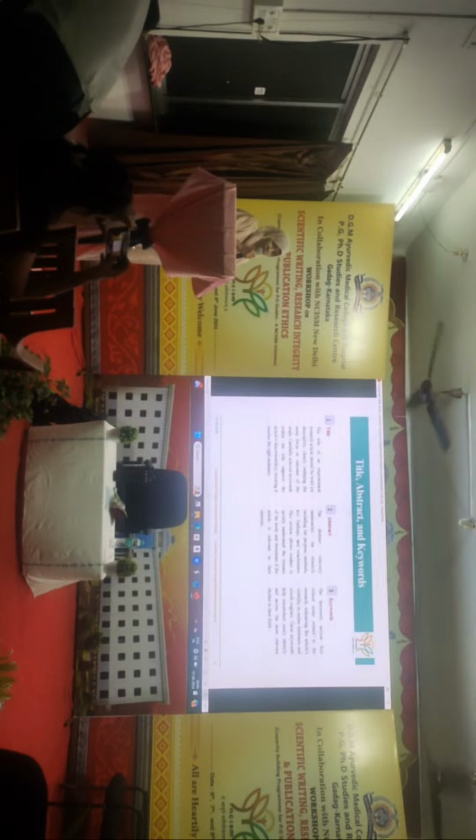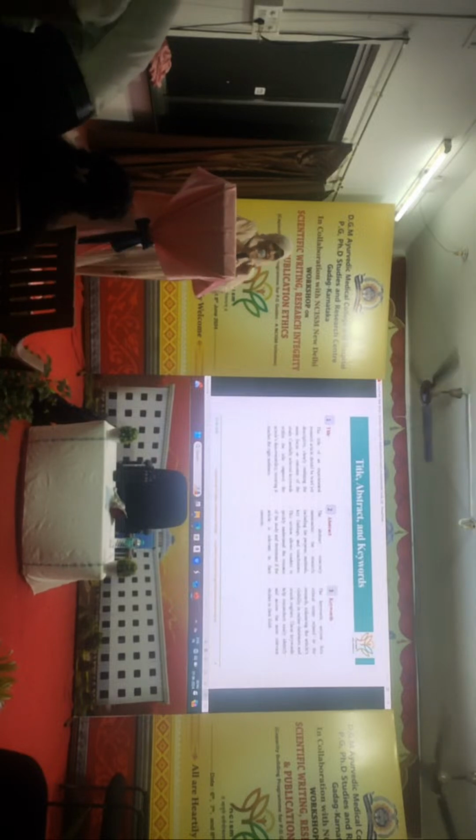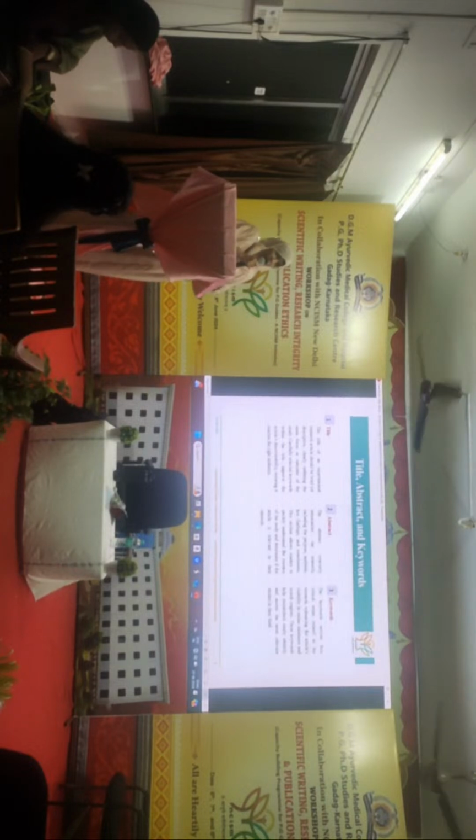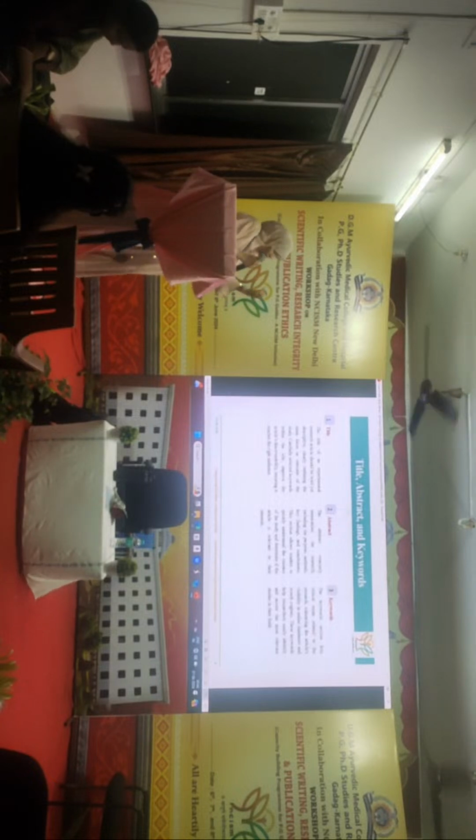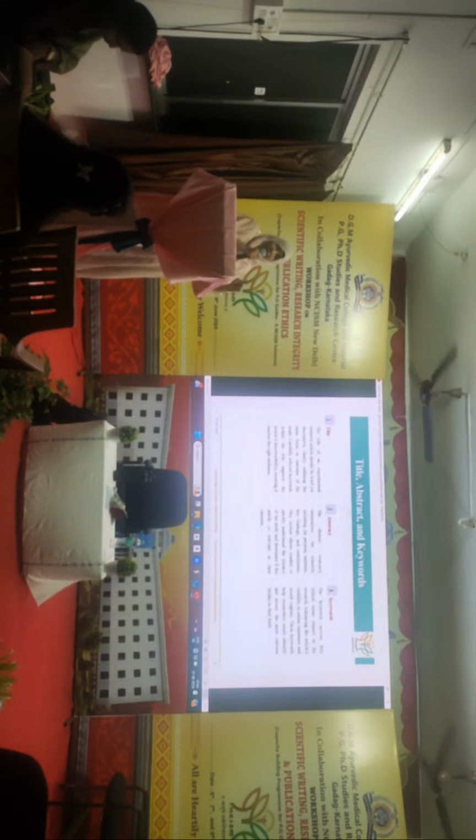So from the database, when you are going to search, for example, through a literature review or a clinical review, if you want to study about curcumin, then curcumin should be the keyword, so that the reader will type it and they will get the paper. So it is very important to make the title attractive.